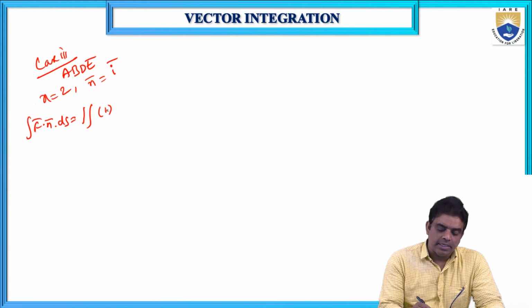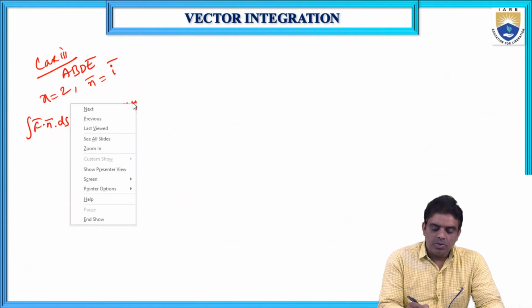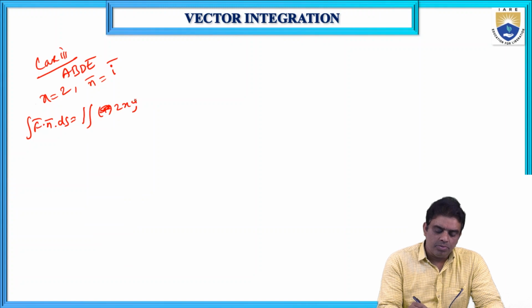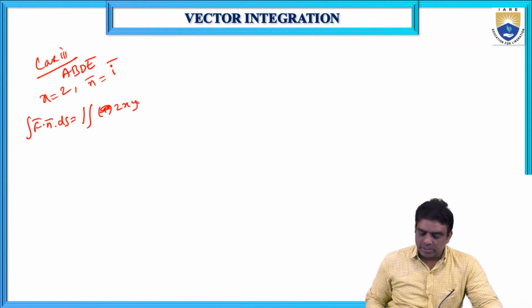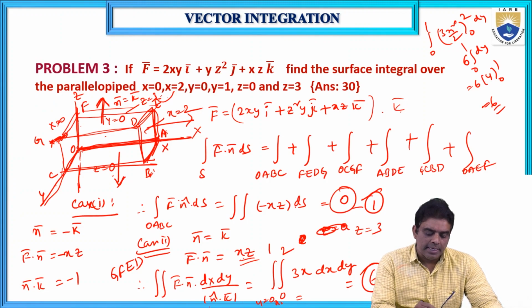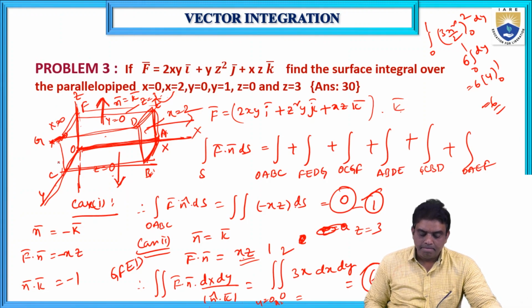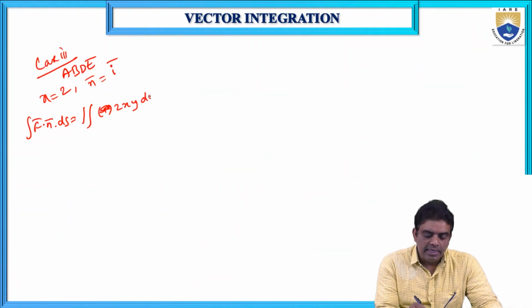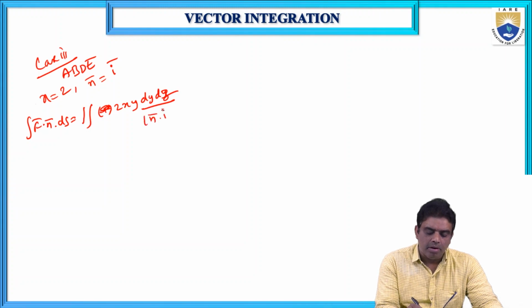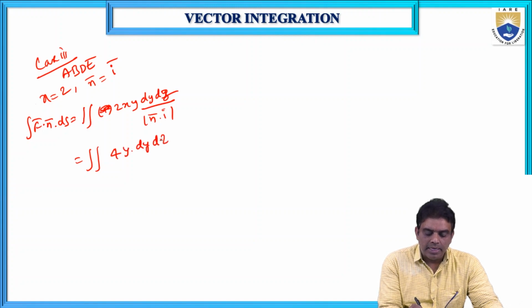In this plane it is dy dz, dy into dz by magnitude of n bar dot i bar. That is 2 into x, 2 twos are 4y dy dz.